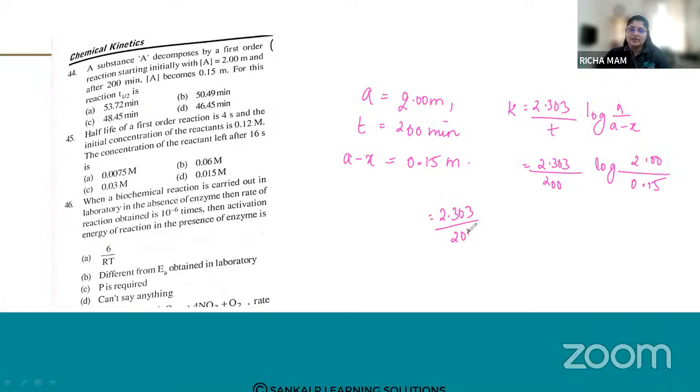2.303 by 200 into log of 2.00 divided by 0.15. How much are you getting?